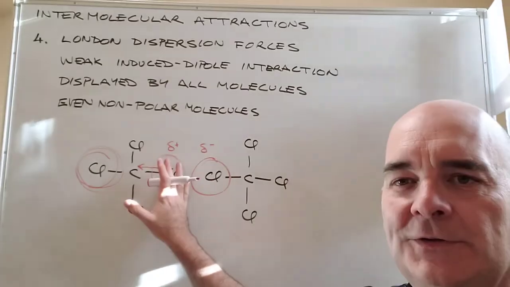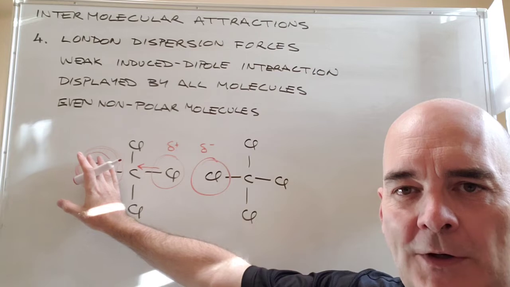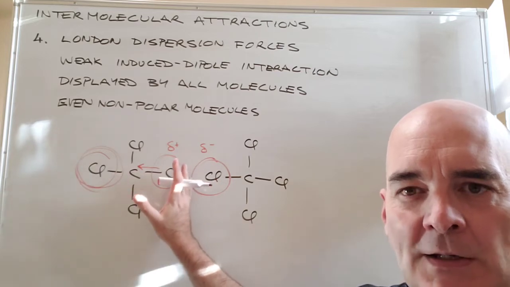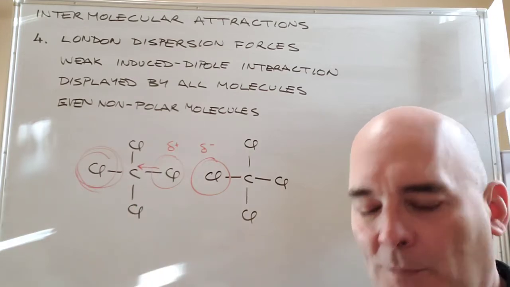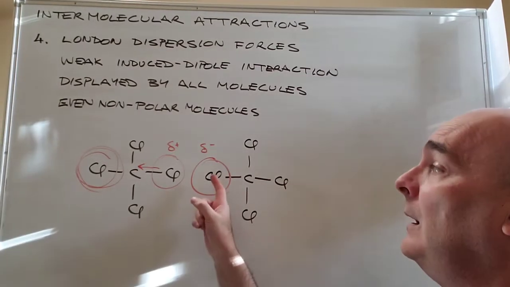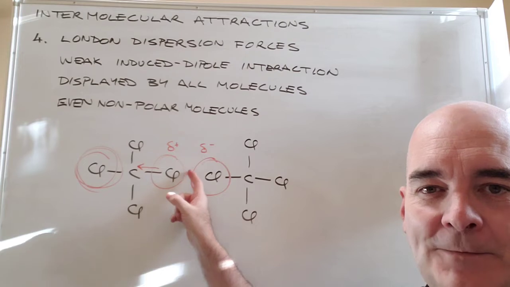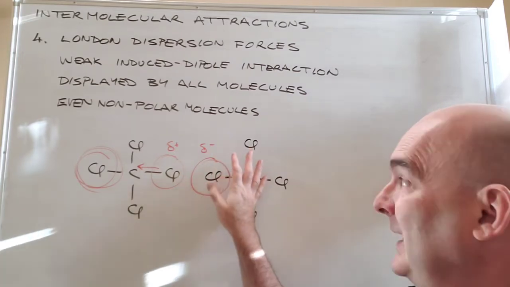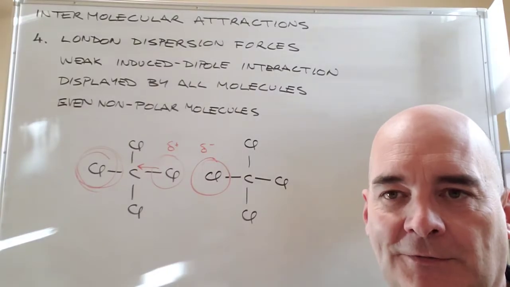I had electrons and I pushed them away to the other side of the molecule. Electrons are negative, so as the electrons go away, they leave a little bit more positive behind them, a little bit less negative, really. And so I get a very mild attraction between what is negative and what has just become a tiny bit positive.